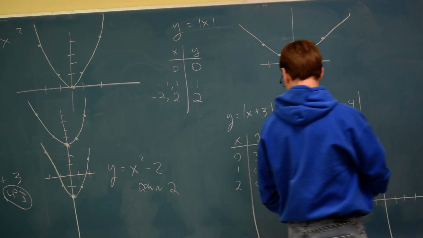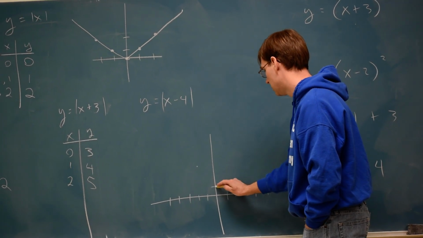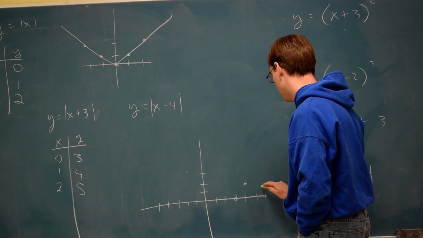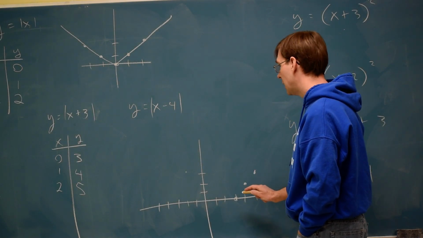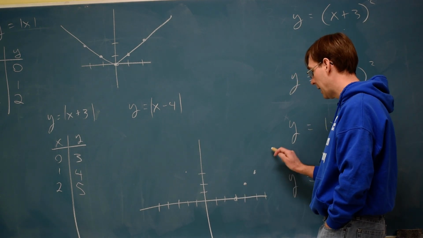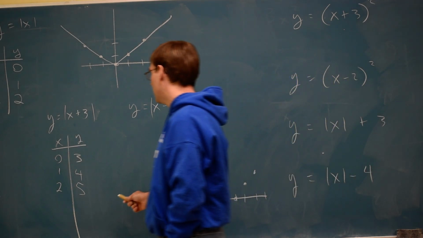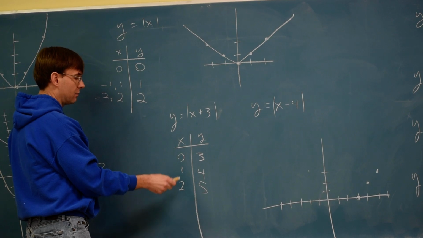I could try to graph those to this point: 0, 3; 1, 4; 2, 5. So it's looking like it's going to do something somewhere.